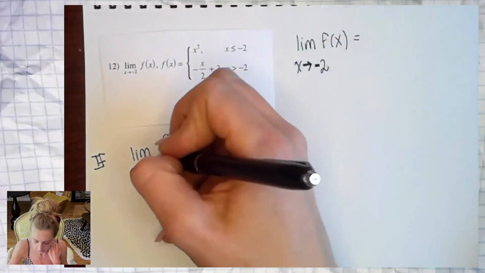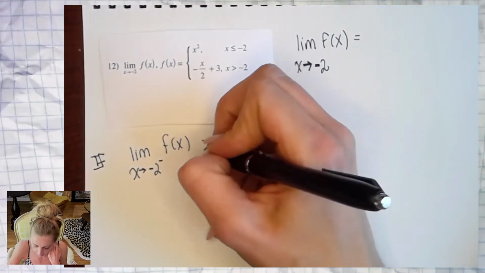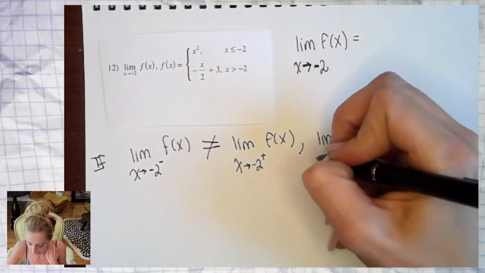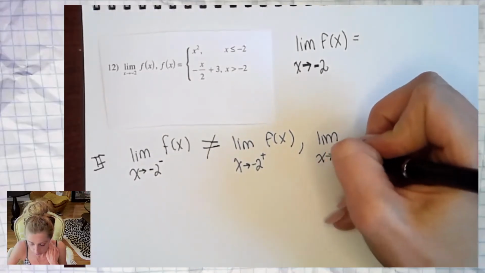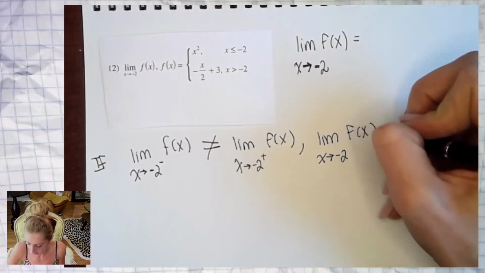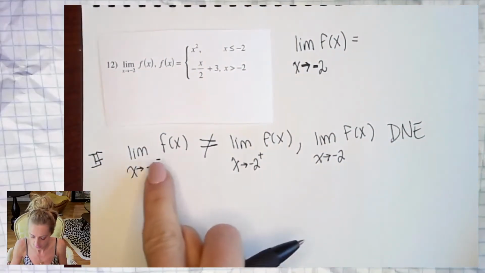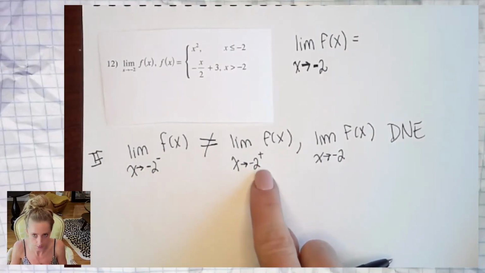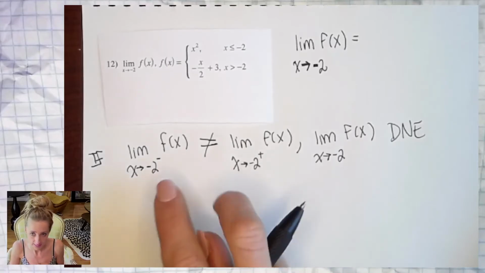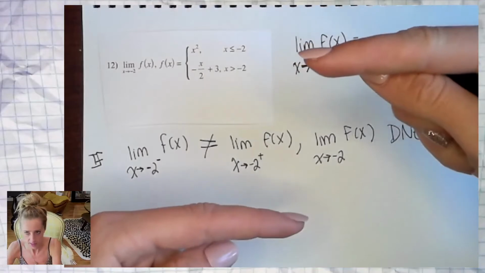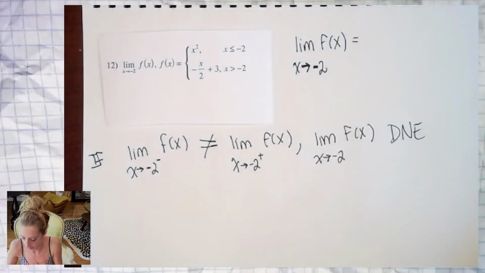But if they are not equal, then the limit as x approaches -2 in general of f of x does not exist, because they don't meet up. That's all it really comes down to.